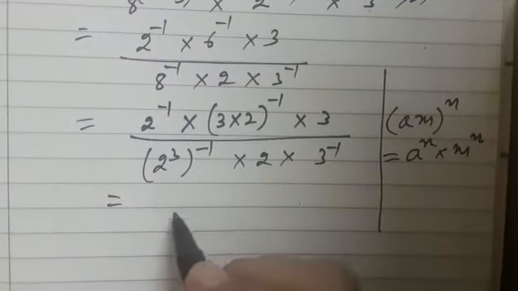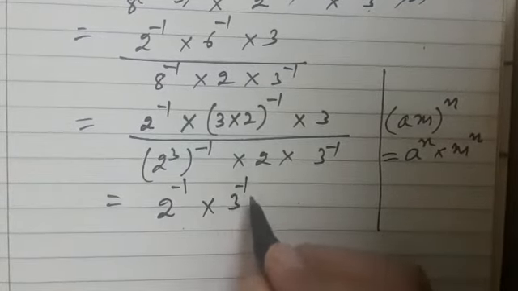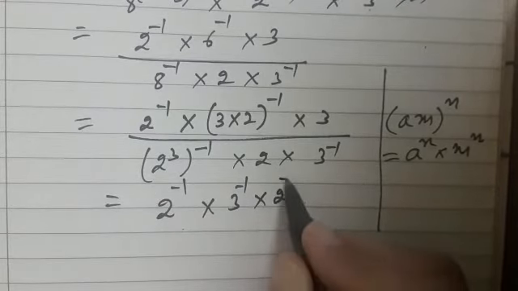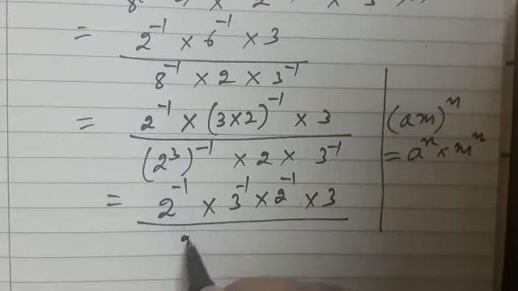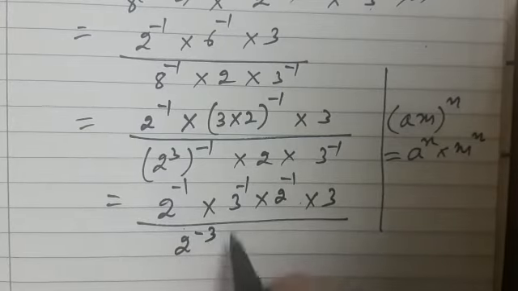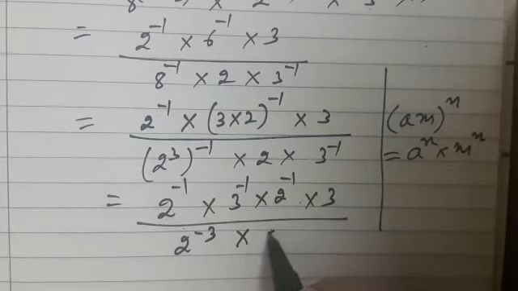So we get this as 2 raised to the power minus 1 into 3 raised to the power minus 1 into 2 raised to the power minus 1 into 3 divided by 2 raised to the power minus 3. This 3 is to be multiplied by minus 1 into 2 into 3 raised to the power minus 1.